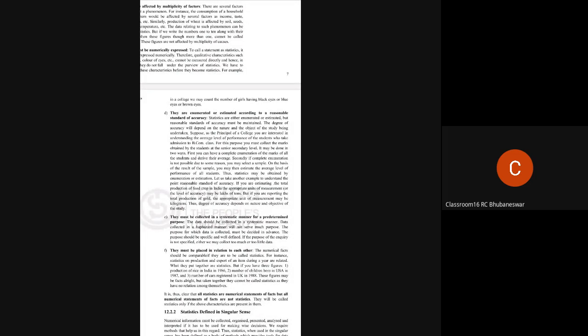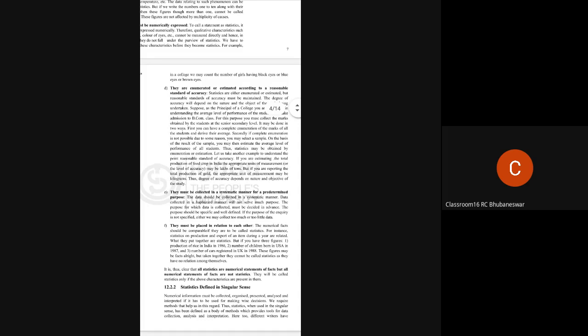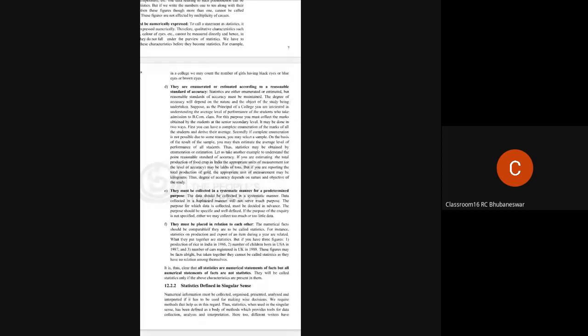First of all, you have to find out the purpose of collecting data, the aim for which you are collecting it. Suppose you want to know the average mark of BCom first semester students. Here the purpose is to find out the average, so you will collect the marks of BCom first semester students.